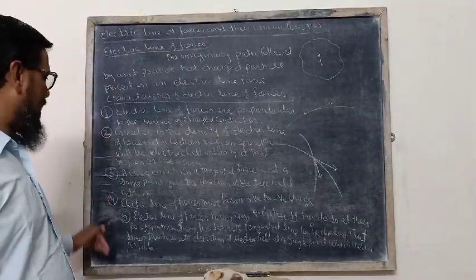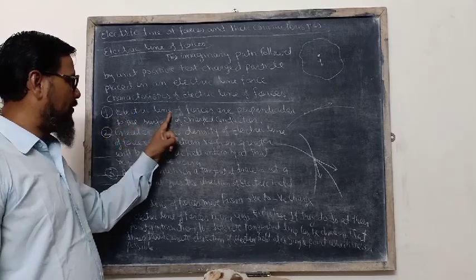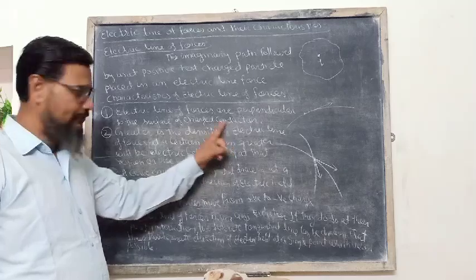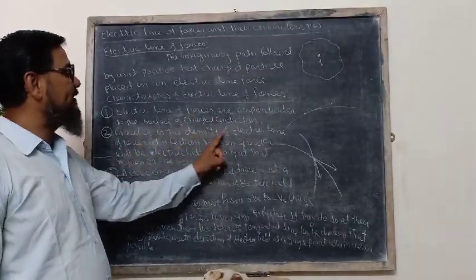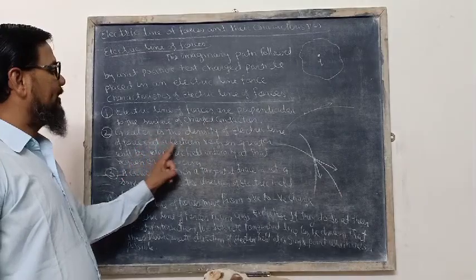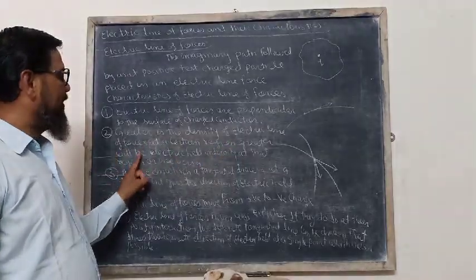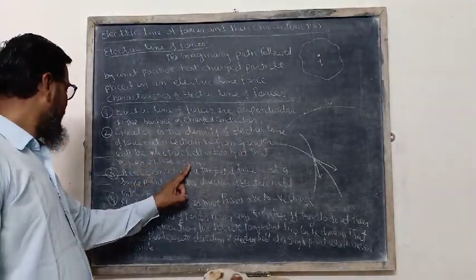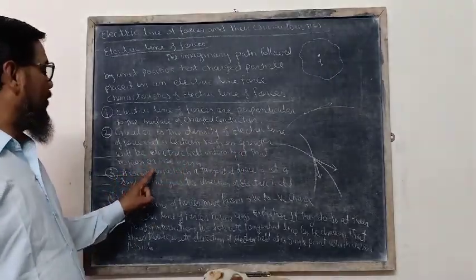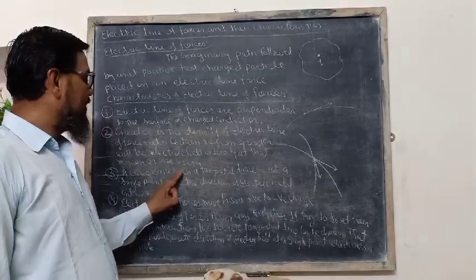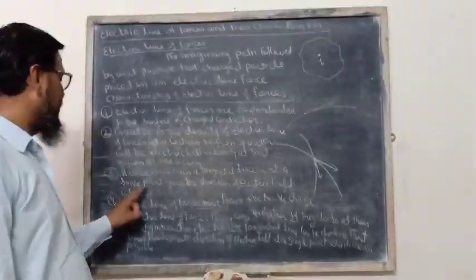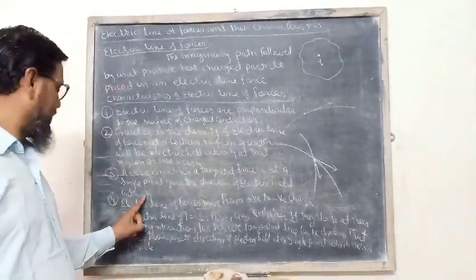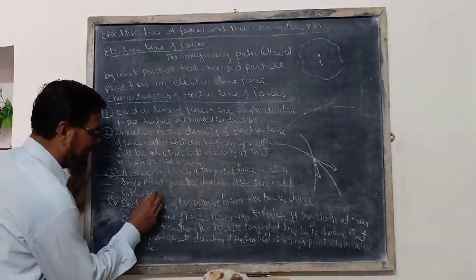So these are the few characteristics. Again I am repeating, electric lines of force are perpendicular to the surface of charged conductor. The second one, greater is the density of electric lines of force at a certain region, greater will be electric field intensity at that region, or vice versa. And a curve on which a tangent drawn at a single point gives the direction of electric field intensity at that point.